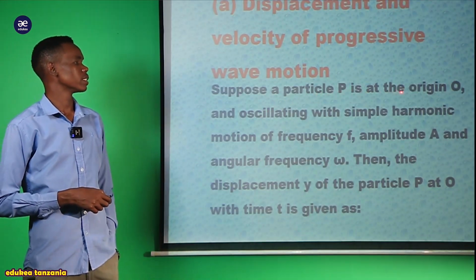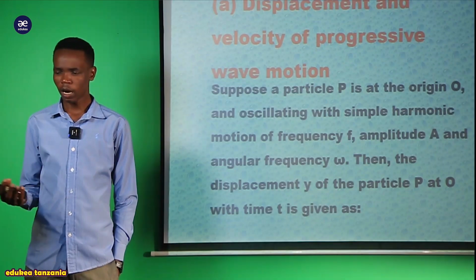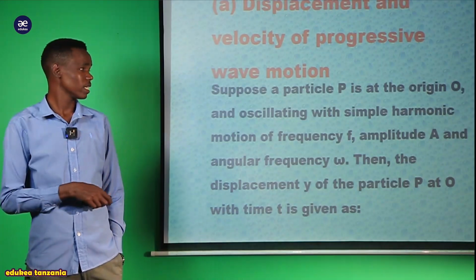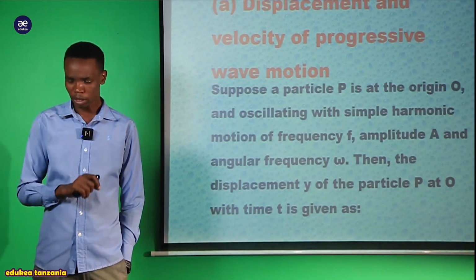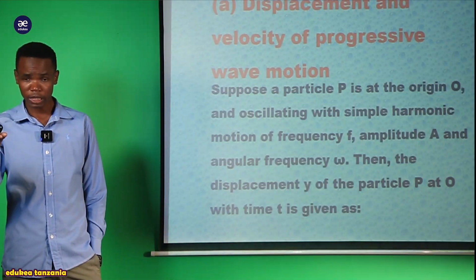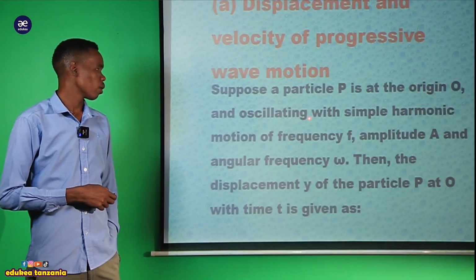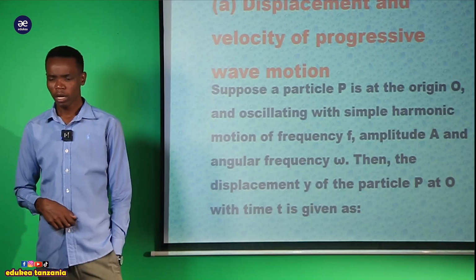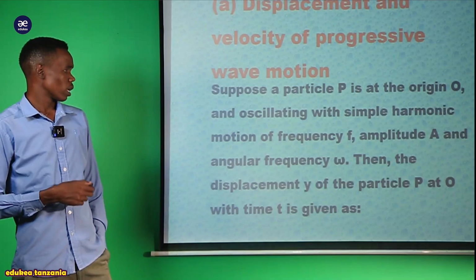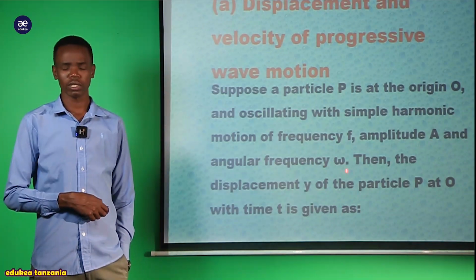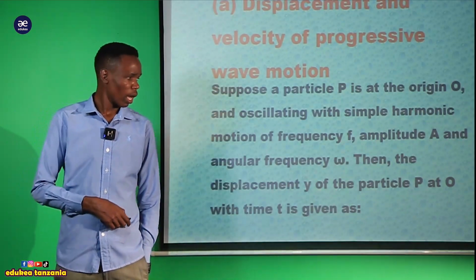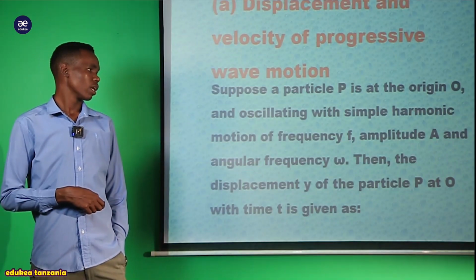So suppose a particle P is at the origin O. Assume that we have a particle P at the origin, at point 0, and it is oscillating with simple harmonic motion of frequency f, amplitude A and angular velocity.